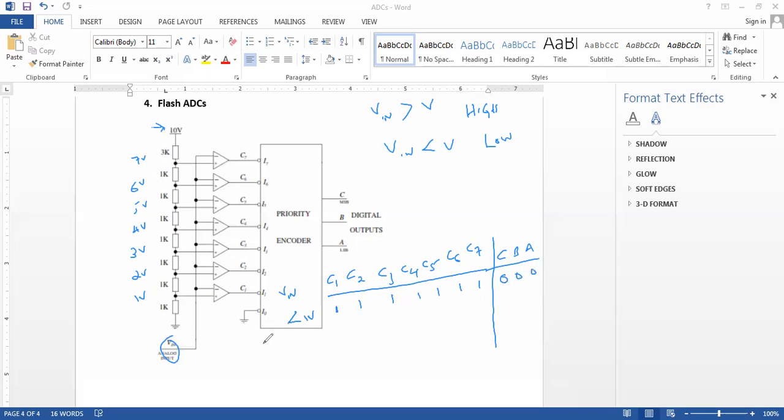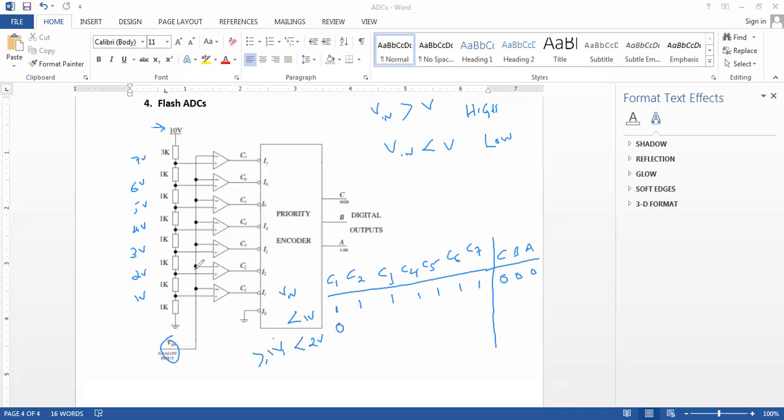Then next, if Vin is a voltage between 1 and 2, such that it is less than 2 volts but greater than or equal to 1 volt, we will be comparing a voltage greater than 1 with 1, and at that point C1 will be 0.